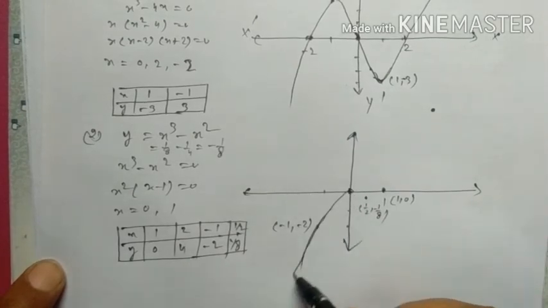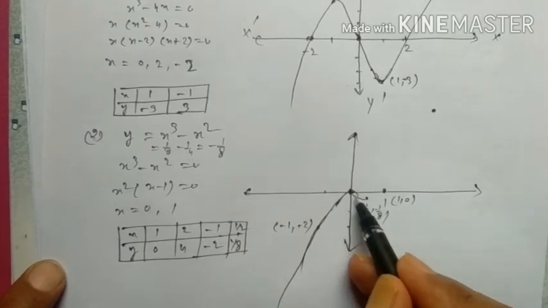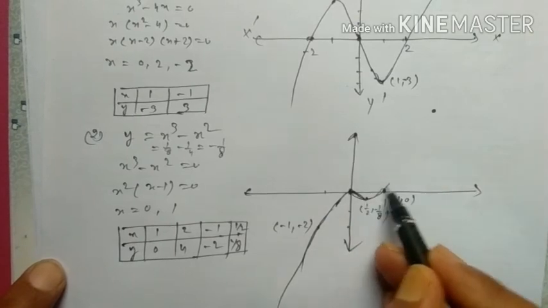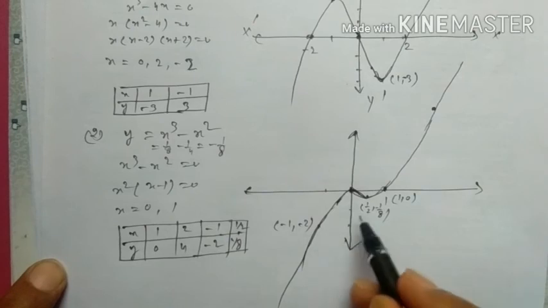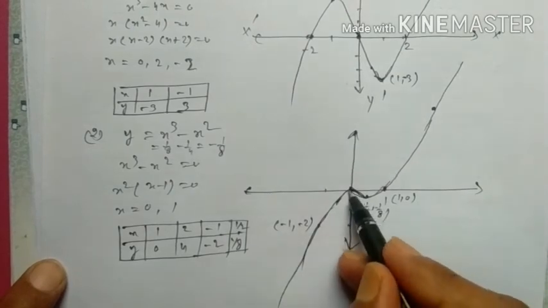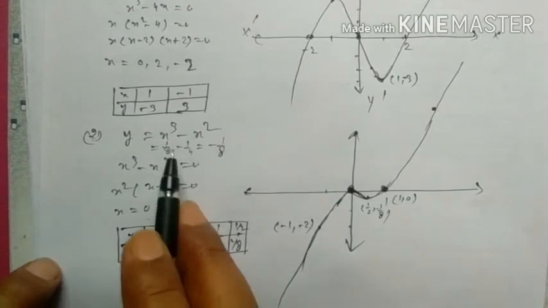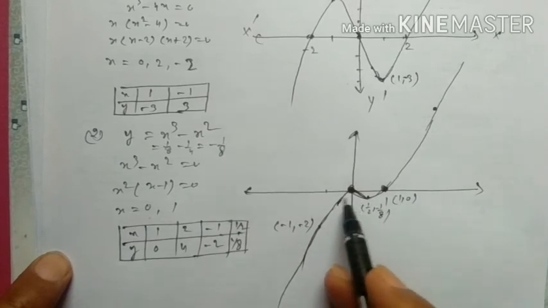This is in this direction, and here like this, and in this direction. This graph cuts the x-axis at 2 points, here and here, so there are 2 roots. The degree is 3, but there are 2 roots because this cuts the x-axis at 2 points.